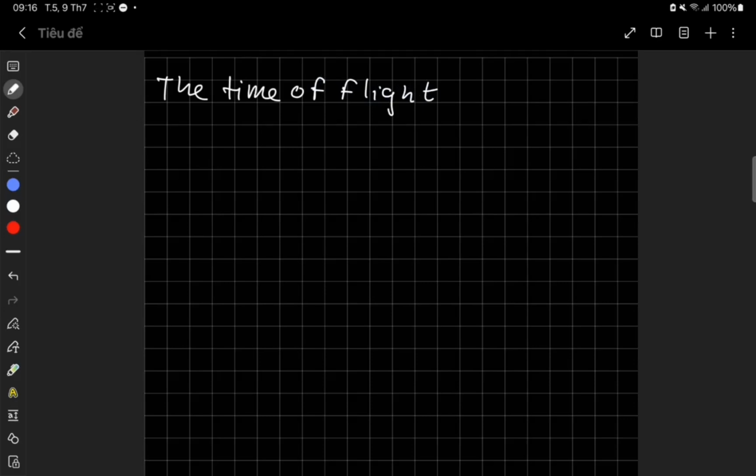To calculate this, we only need to consider the vertical velocity, because the time is only affected by gravity pulling it down, which acts in a vertical direction. That's why you only need to consider the y-axis. So I'm going to make a note here: only need to consider vertical velocity.